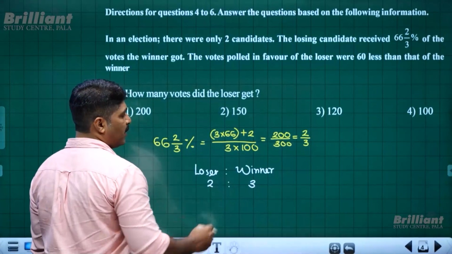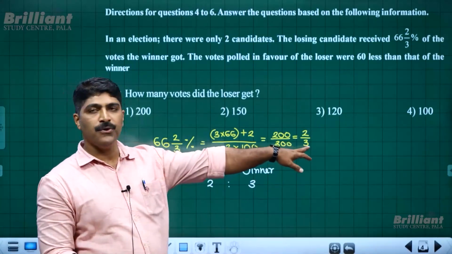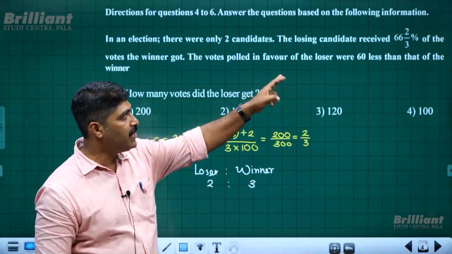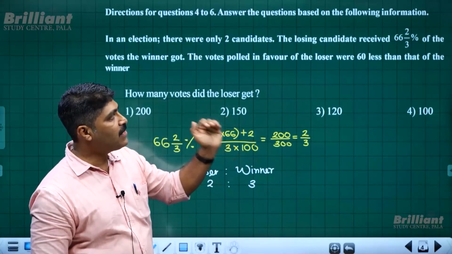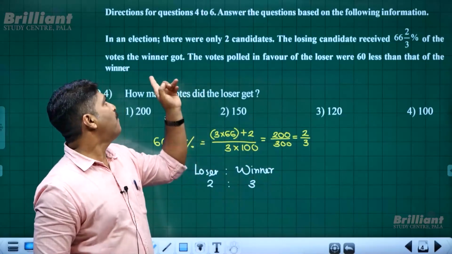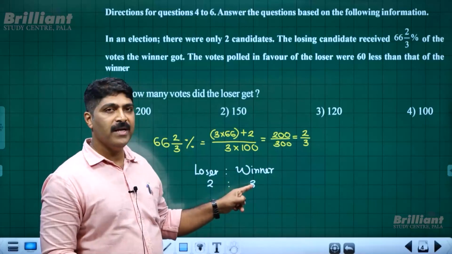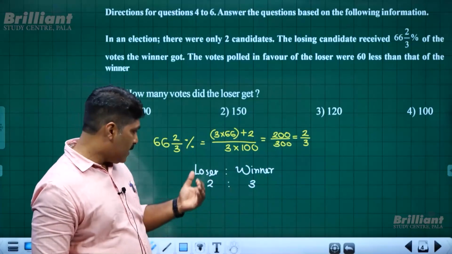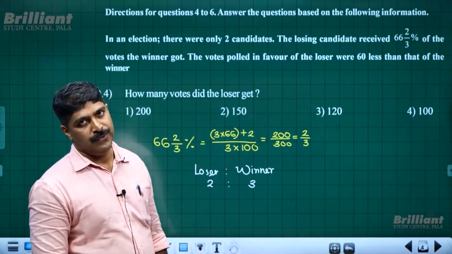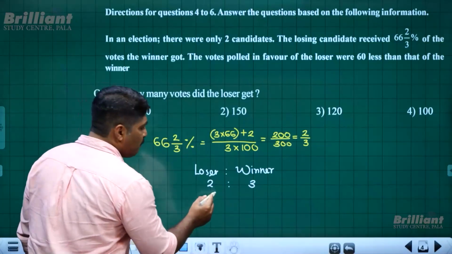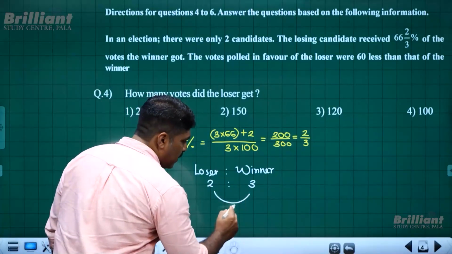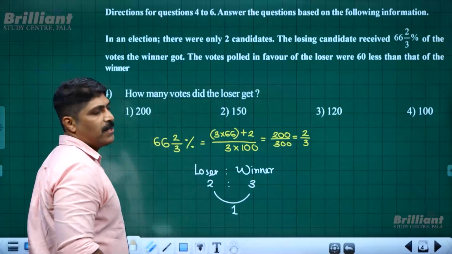Understand the point here: this denominator you have to keep as the base of this operation. It is given that the losing candidate received 2/3 of the number of votes that the winner received. Therefore, I assumed the winner's votes as 3, then the loser received 2. So what is the difference between their votes? As per the ratio values, the difference is 1.